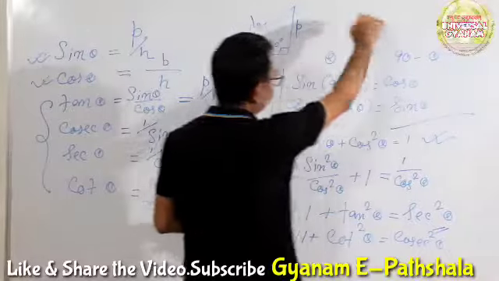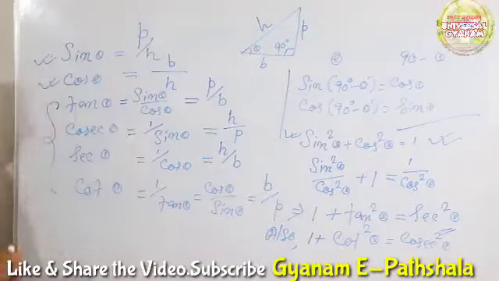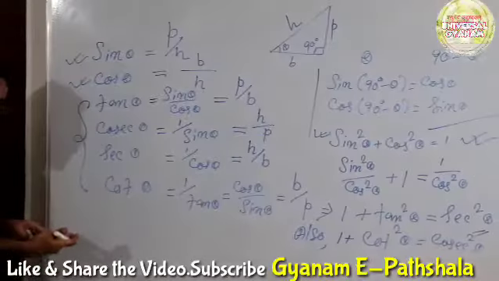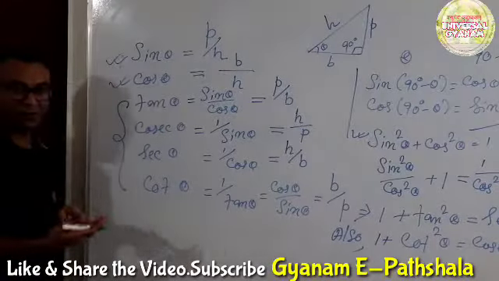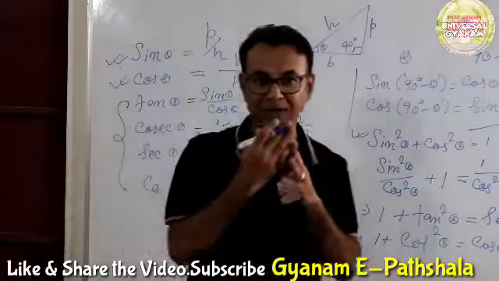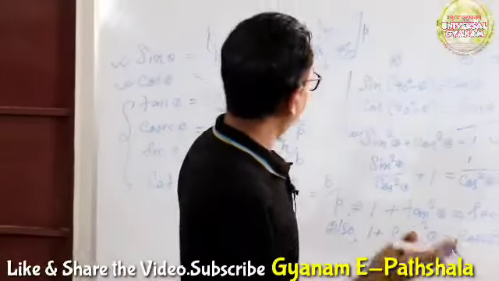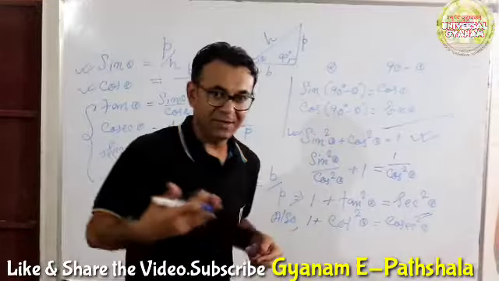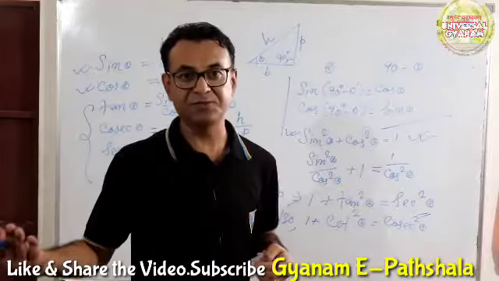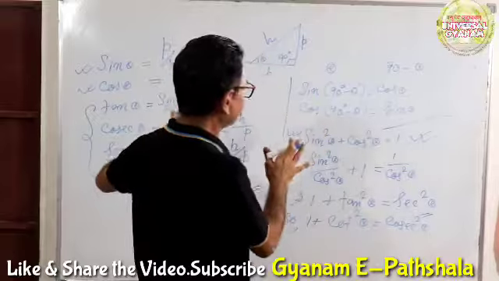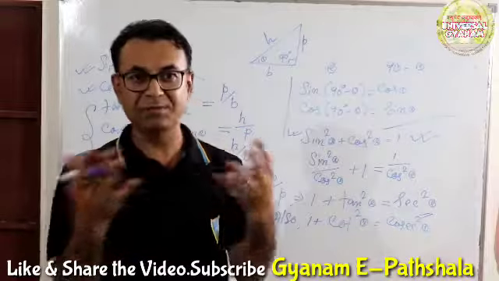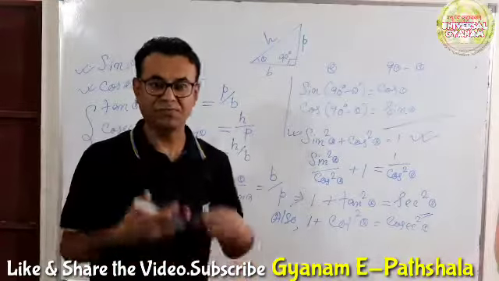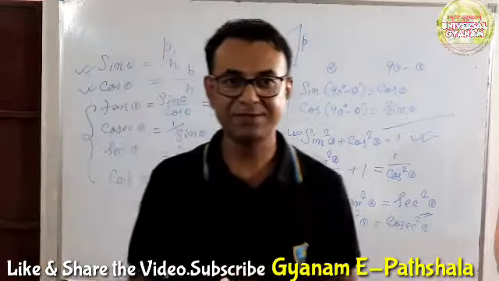If you are done with this framework, you are done with the whole chapter. At the same time, you are fully equipped to solve all kinds of problems in this chapter as well as the chapter that will follow, which is applications of trigonometry. You have to remember these things based on your trick, a bit of common sense, and then you can apply all these things to solve any kind of problems.